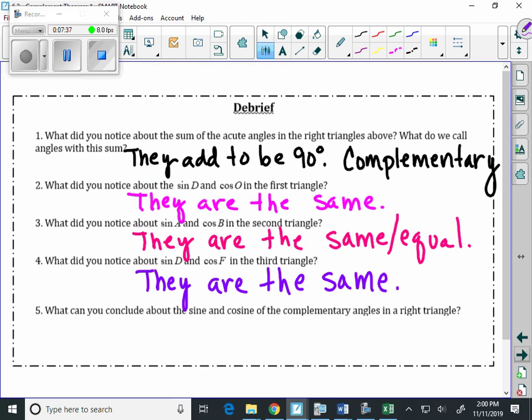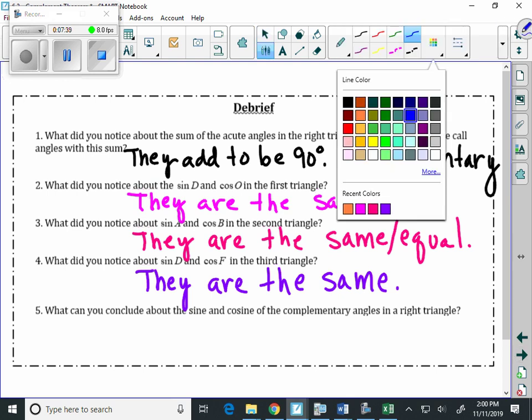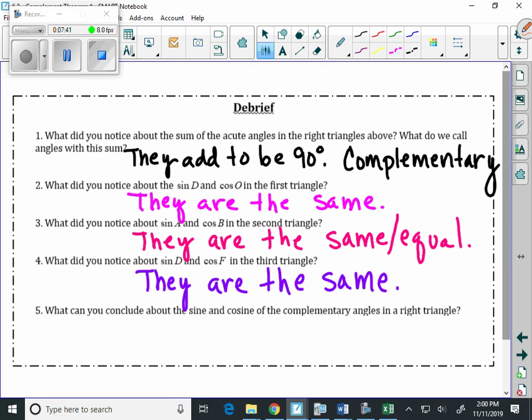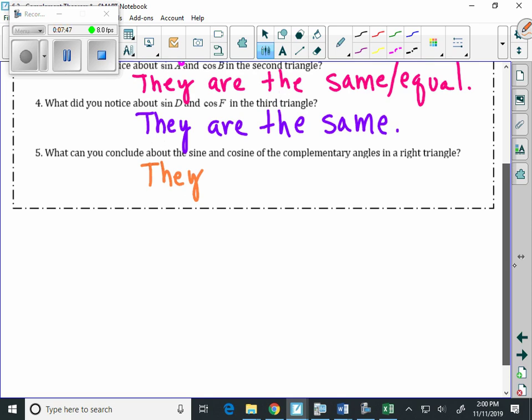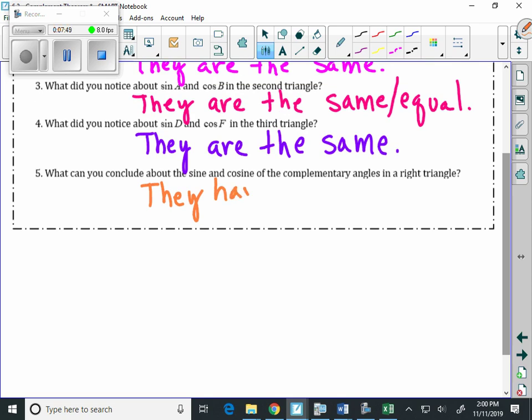Well, what we can say is that they have the same ratio. They are the same. I'm going to go back and look one more time once you get it written down.